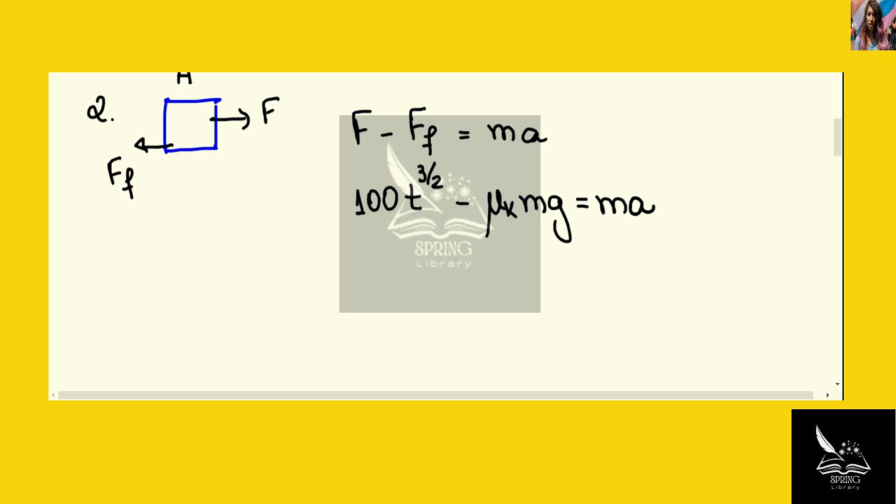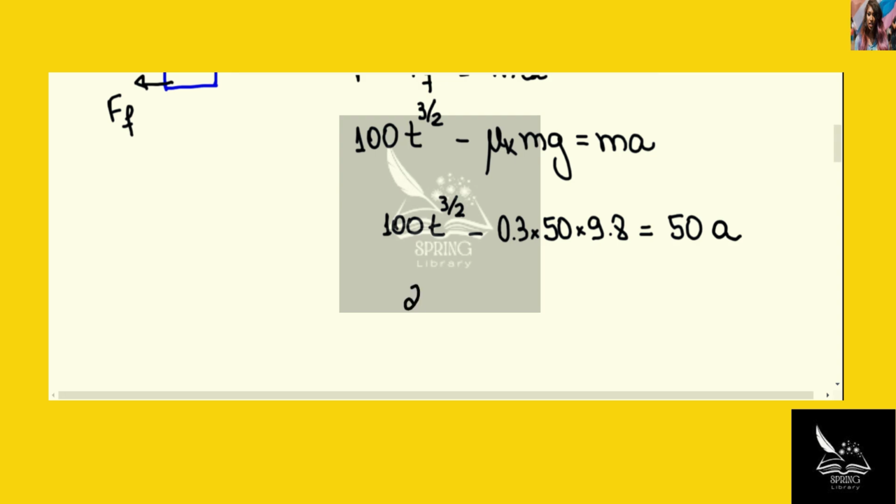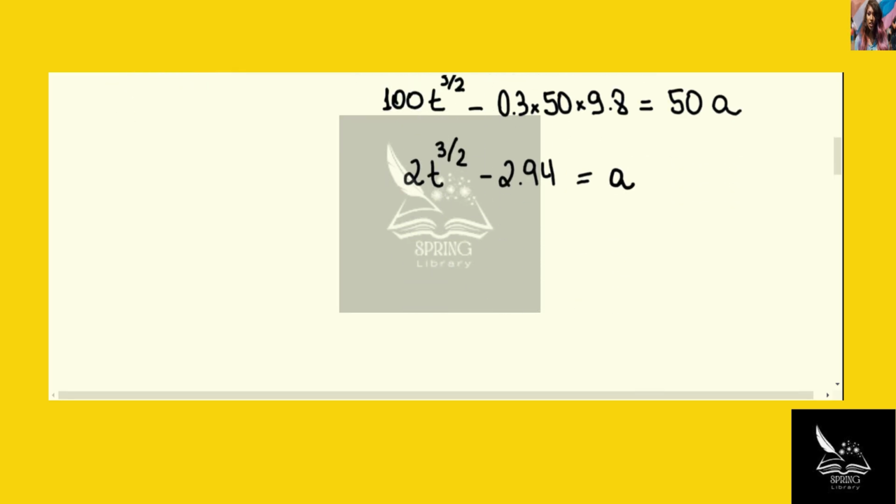So we have 100 t to the 3/2 minus mu k, which is 0.3, times 50 kilograms times 9.8 meters per second squared, and this is 50 times a. So we have 2 t to the 3/2 minus 2.94 is equal to the acceleration.